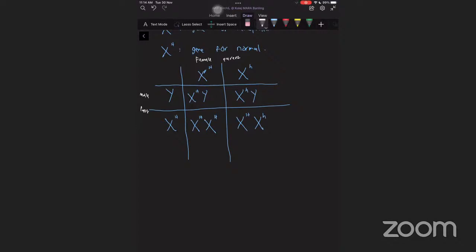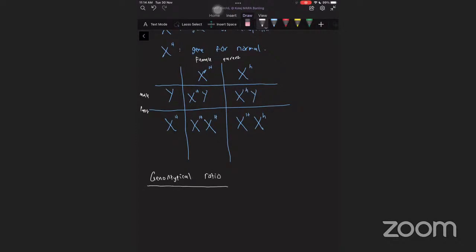So to avoid being confused, always label the genotype. So let's just put the genotypical ratio.